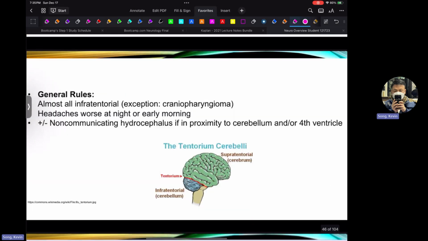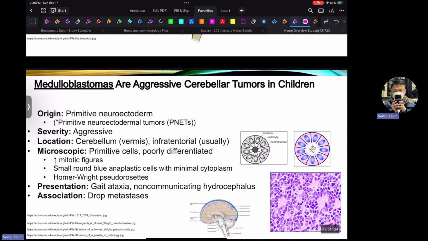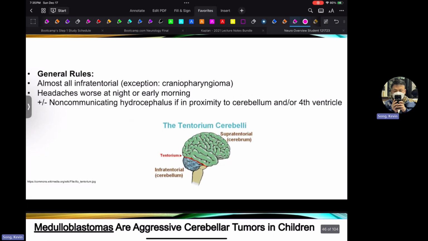Let me see. So this one I'll just skip, and then here. So this is like the cancers. Basically all you need to know is this general term.